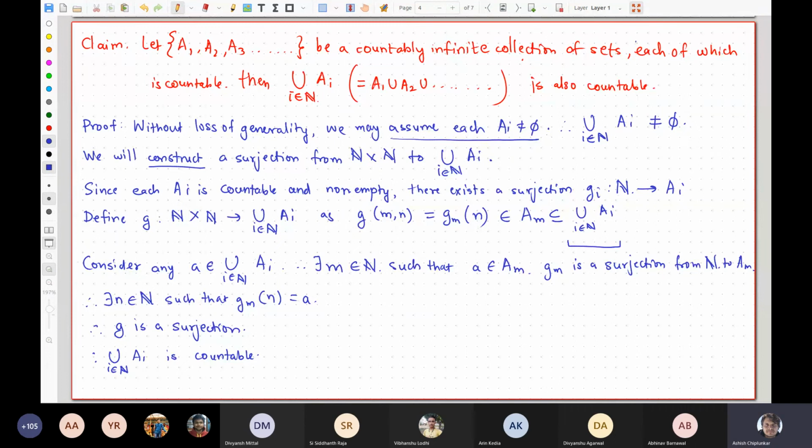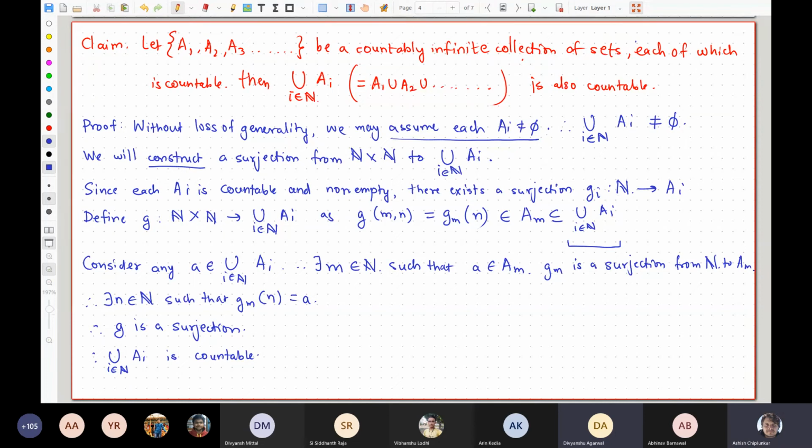Good. So we did this proof in which we made a surjection from N cross N to A. The choice of making a surjection was so that we would not have a problem with an element being in multiple sets. Otherwise, we would be creating injections from A to N cross N. Correct.